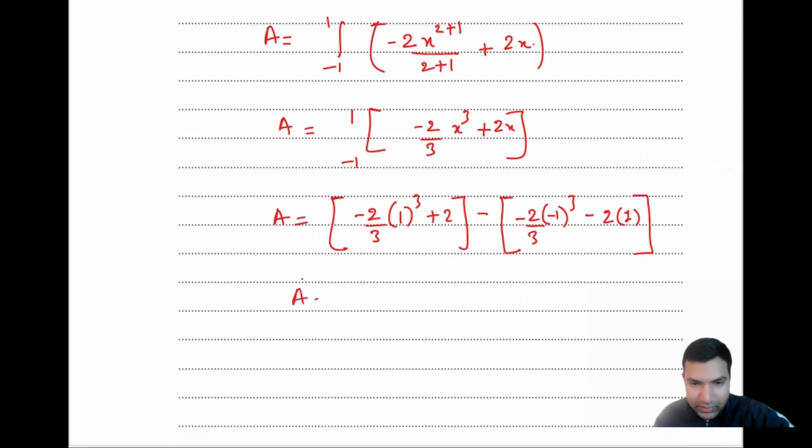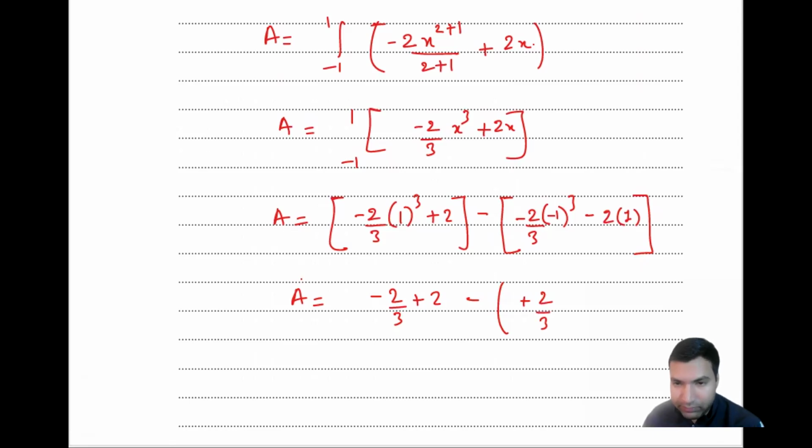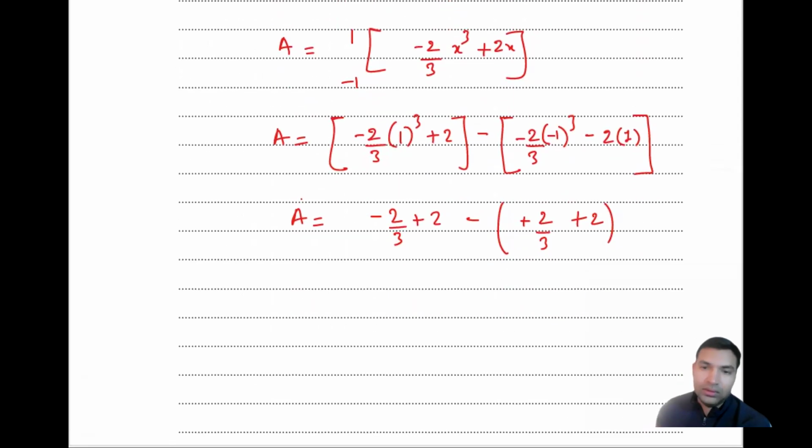Solving it further, we get A equal to negative 2 over 3 plus 2. Now, negative times negative becomes positive. So that's positive 2 over 3. And then negative times negative becomes positive. So this becomes positive 2. Or let's take it as negative here, and later on we'll expand this. So that's negative 2.